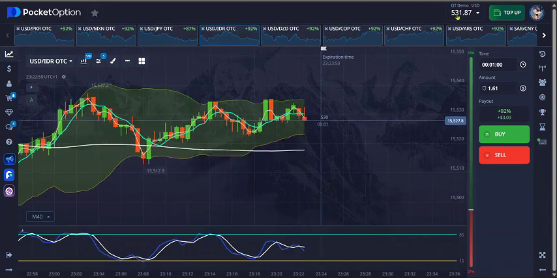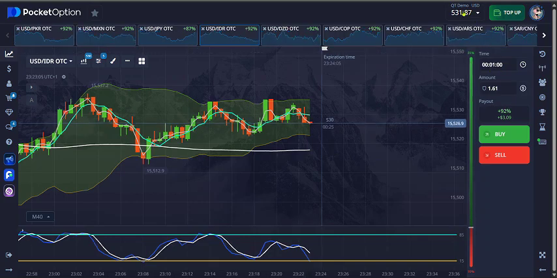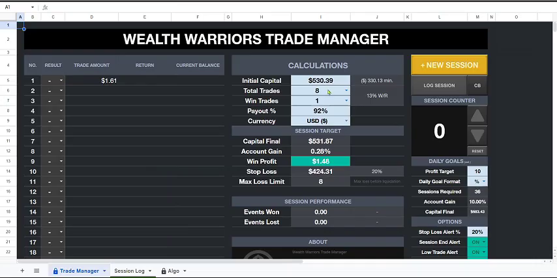The next thing we need to do, looking at our balance here, is tally our balance with our trade manager. So we have 531.87.